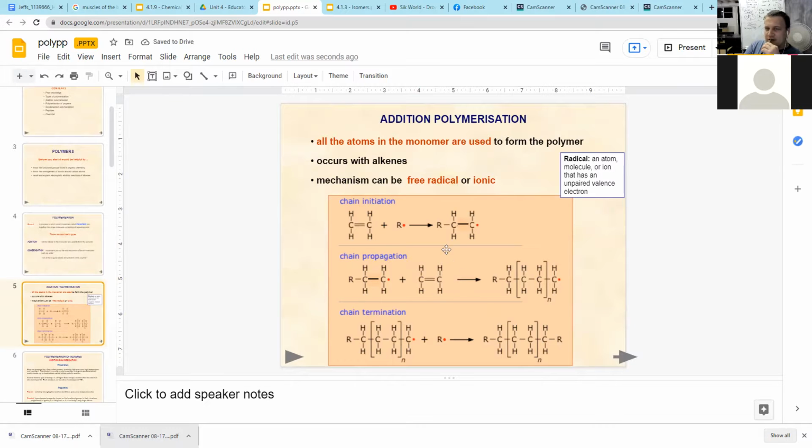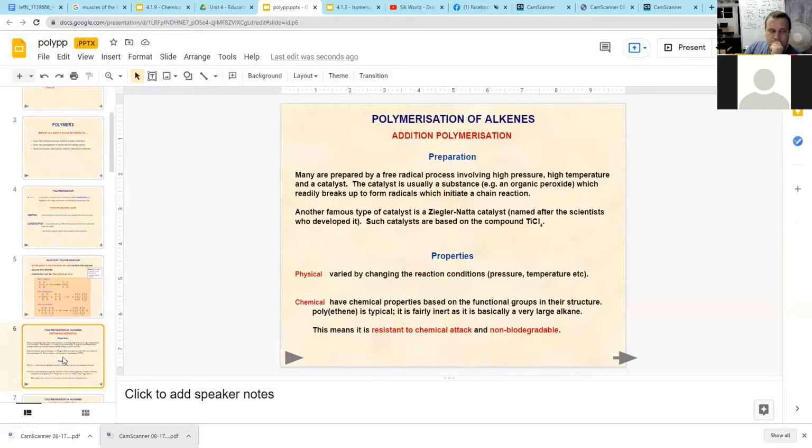With the alkenes, we're just adding on another alkane onto the end. So lots of high pressure, high temperature. Or the Ziegler-Natta catalysts, or titanium tetrachloride.